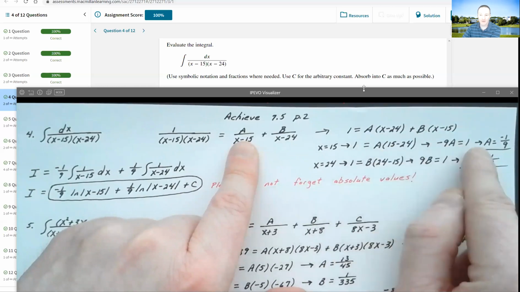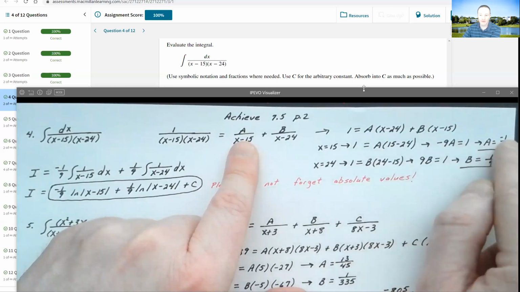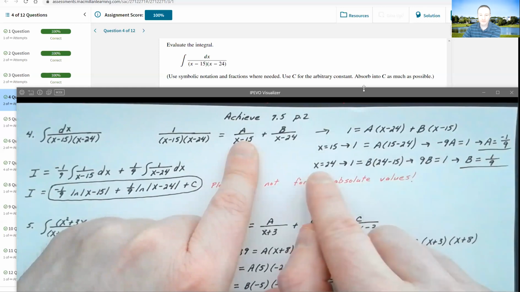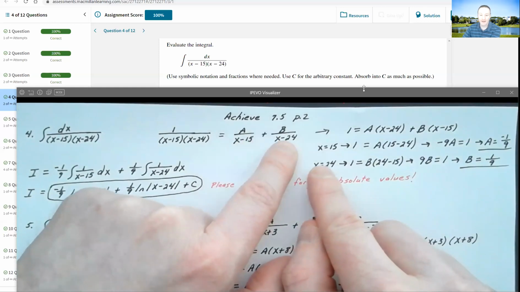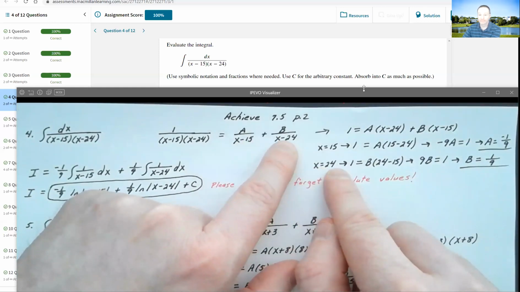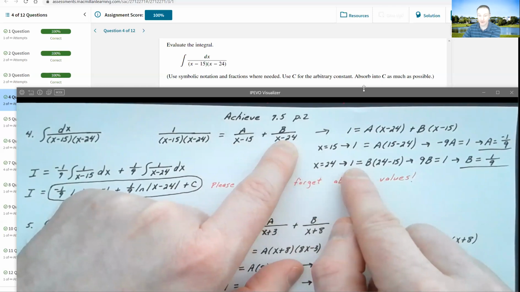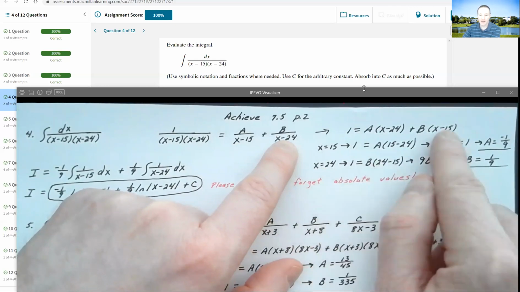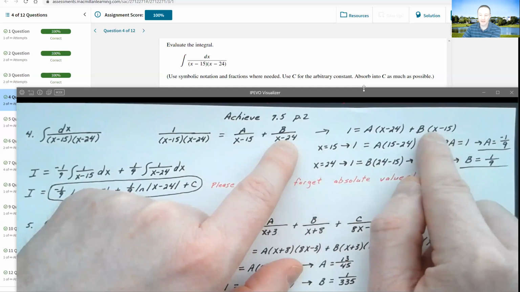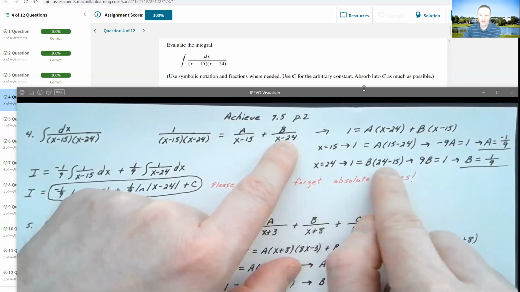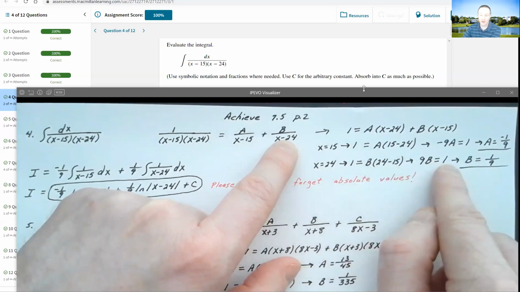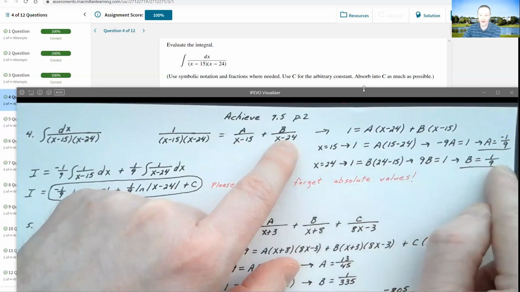So I get negative 9a is 1, thus a is negative 1/9. Now, if I solve for b, I need to let x equal 24. Again, the left-hand side, it's still 1. The right-hand side is going to equal b times 24 minus 15. That gives me 9b is 1, thus b is 1/9.